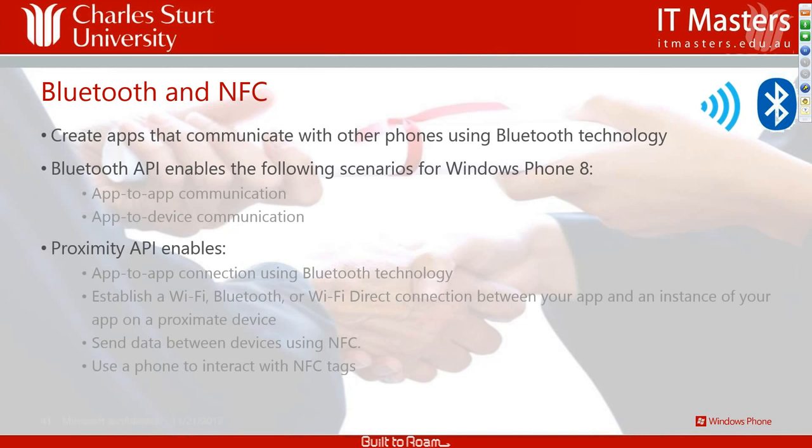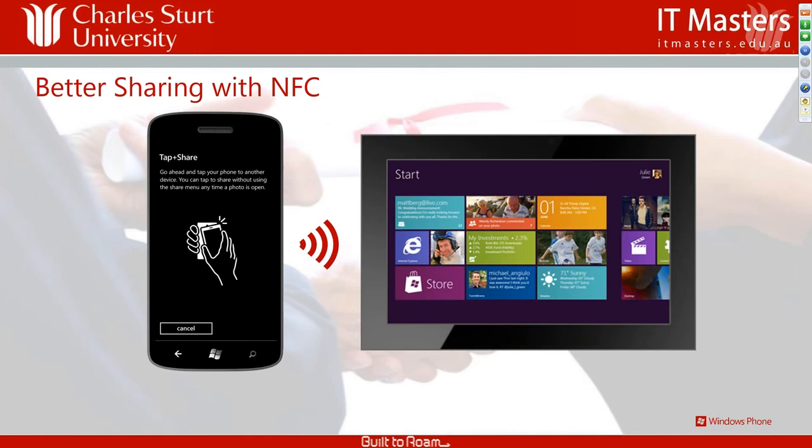In addition, we can also use NFC or proximity just for sending data between devices or for interaction with other NFC tags. Of course, one of the scenarios that is supported is the ability to do tap and share between Windows Phone 8 devices and Windows 8 devices. And again, you can leverage this within your applications.